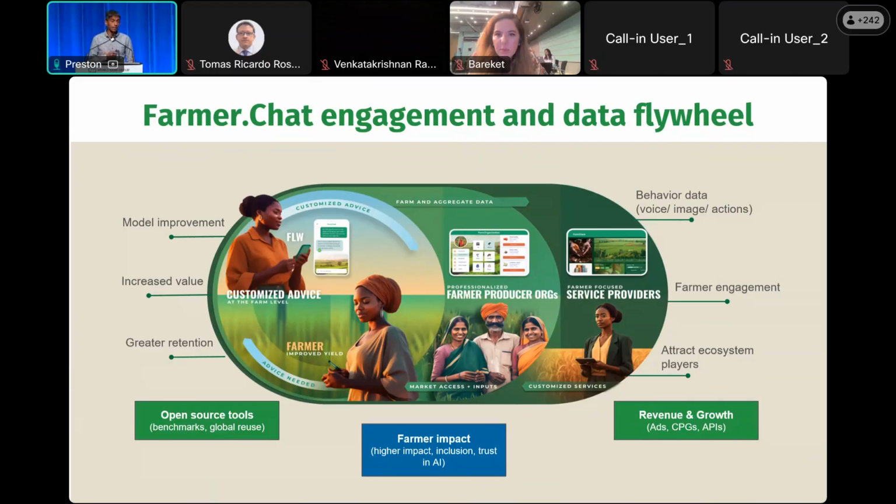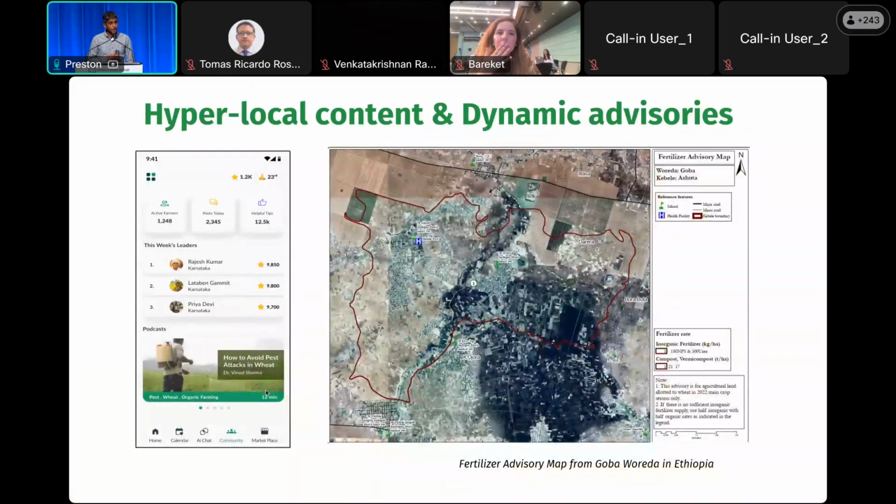But the data that these farmers are contributing as they interact with this system can be used to create reinforcement learning with human feedback flywheel loops that can improve these models and create a digital public good that other organizations can leverage to create their own AI systems without having to reinvent the wheel.